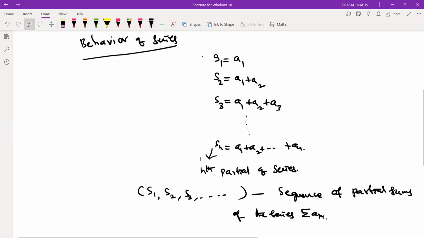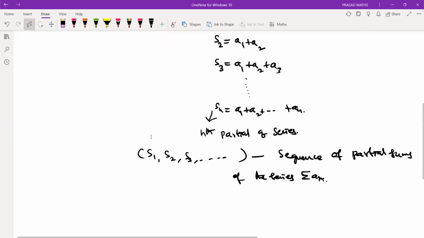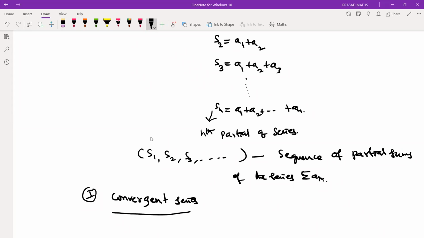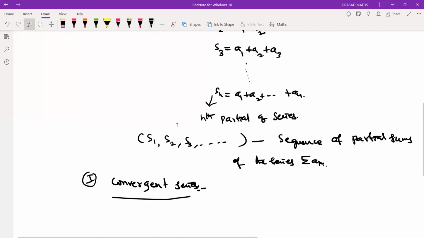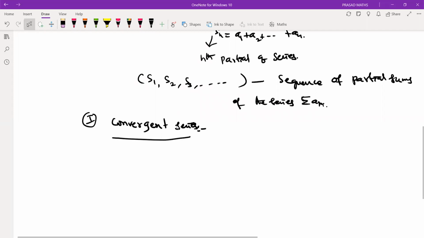Now, how to judge when you're given a series whether it is convergent or not? So first one is convergent series. What is this exactly? The series is convergent. This is my given series of real numbers.